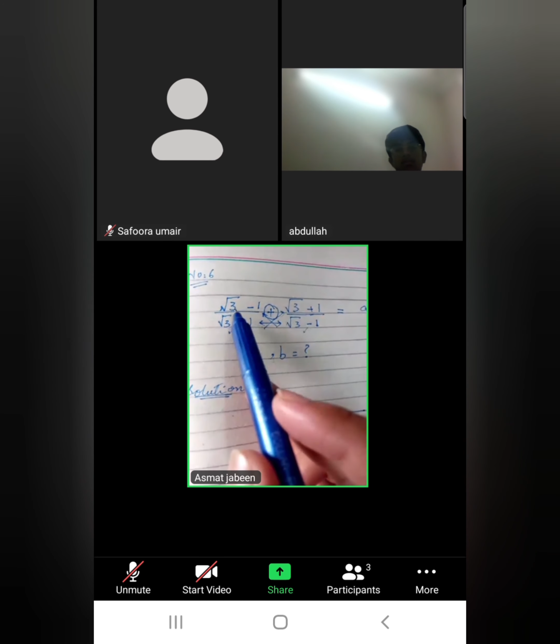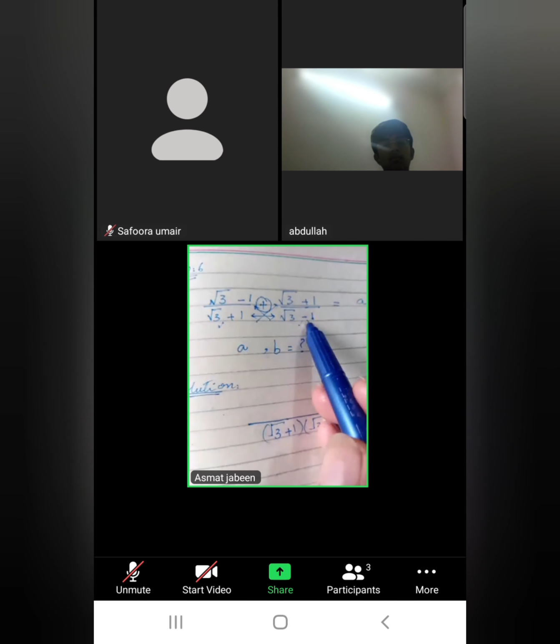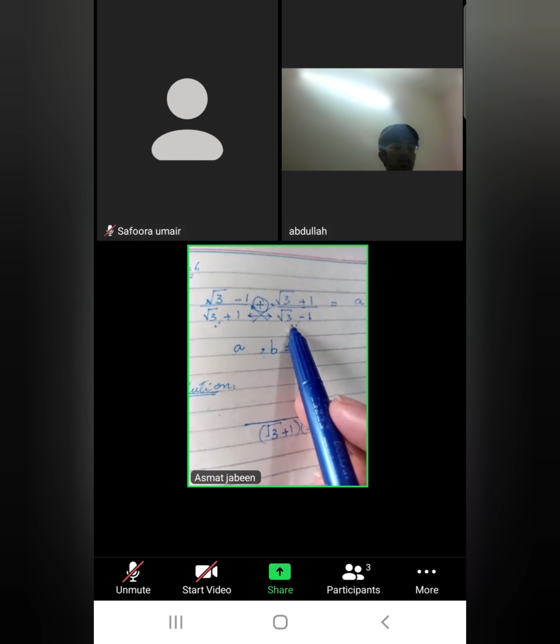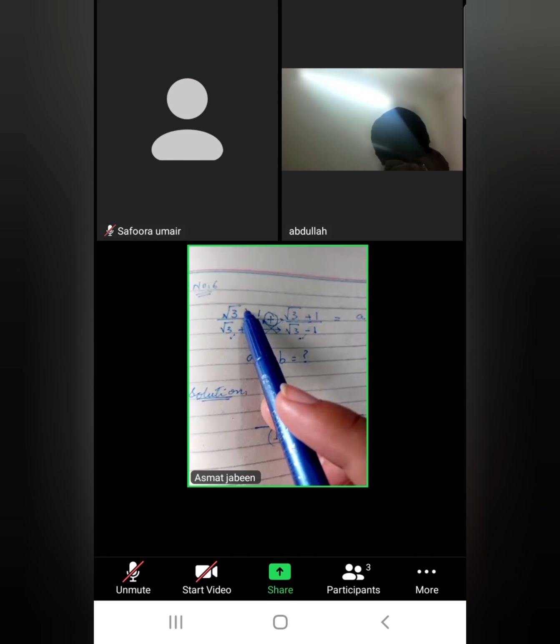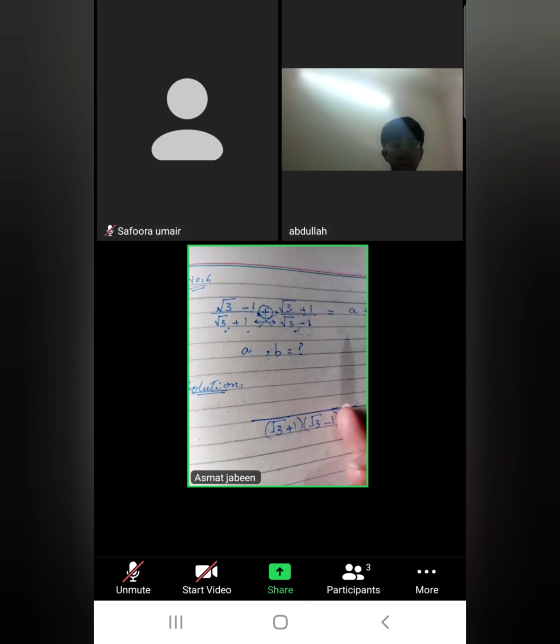Now cross multiplication. Square root 3 minus 1 into square root 3 minus 1. Cross multiplication means the denominator of the second fraction multiplied by the numerator of the first fraction, as well as the denominator of the first fraction multiplied by the numerator of the second fraction. So again this square root 3 minus 1 and square root 3 minus 1 are the same. What will it be now?